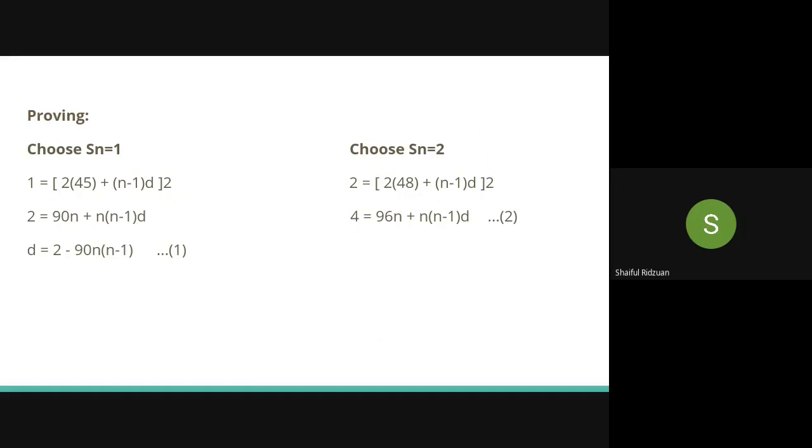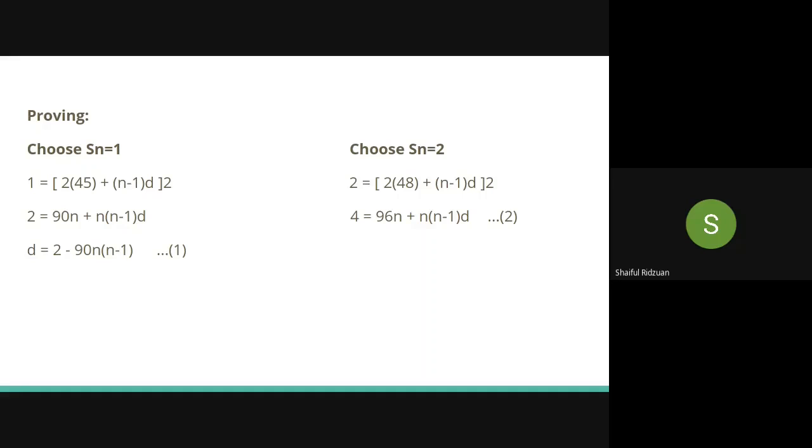To prove it, we choose Sn equal to 1 and Sn equal to 2. First, Sn equal to 1: 1 equals n over 2 multiplied by (2 times 45 plus (n minus 1)d), so 2 equals 90n plus n(n minus 1)d.